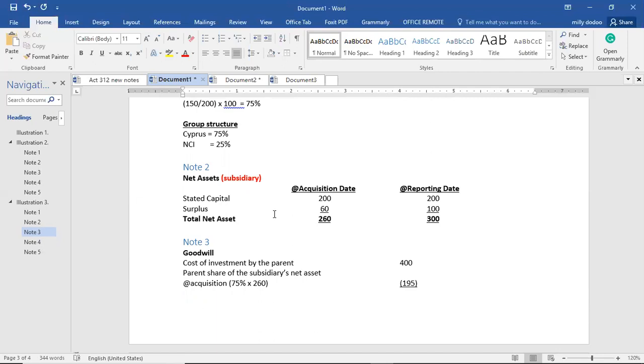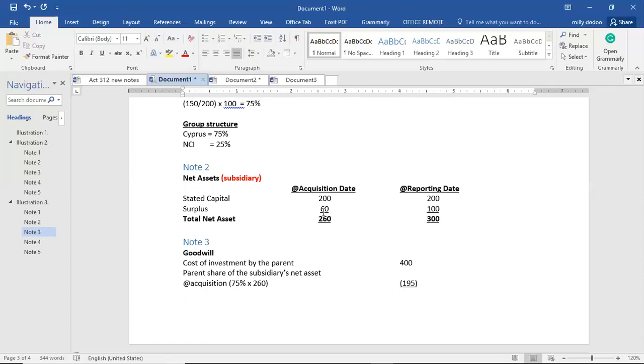So the reporting date net asset minus the acquisition date net asset gives you your post-acquisition surplus. So the 300 minus the 260 will give us 40, and that 40 is our post-acquisition surplus.